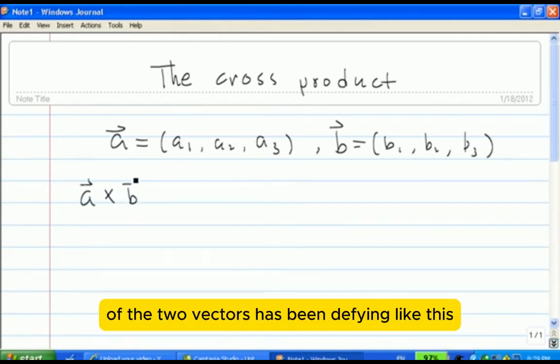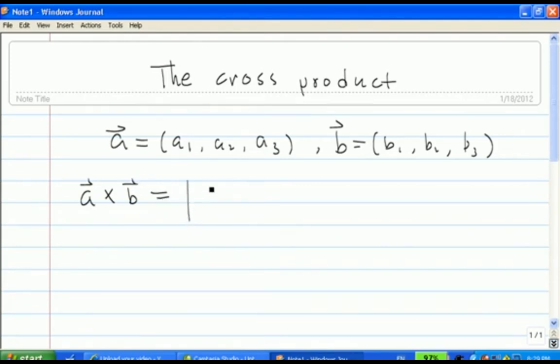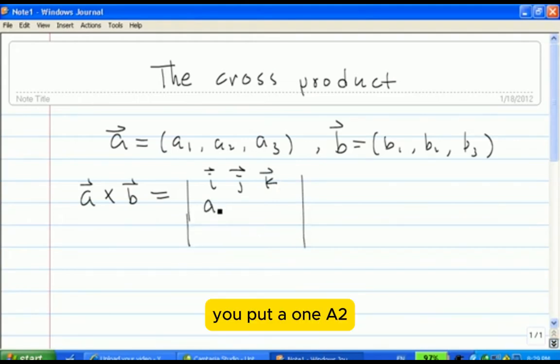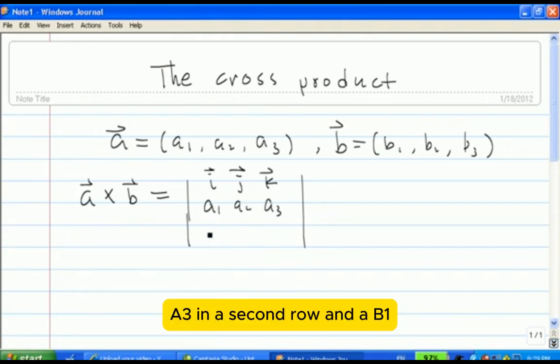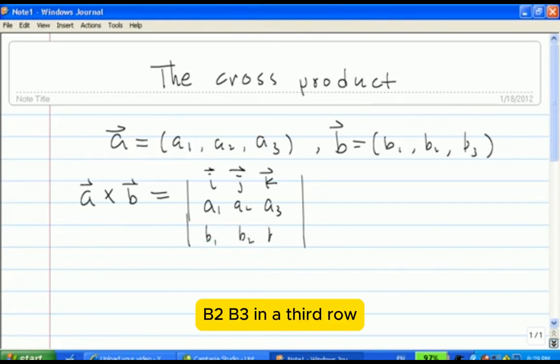of the two vectors has been defined like this: I, J, K. Okay. This is just a notation. You put A1, A2, A3 in the second row, and B1, B2, B3 in the third row.